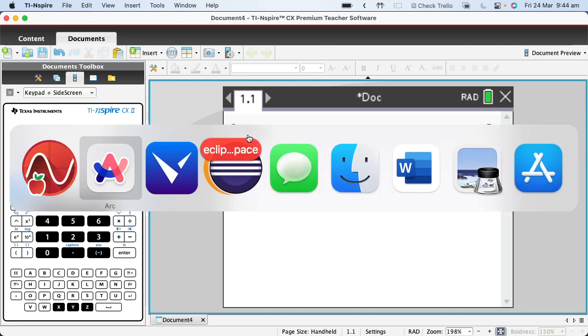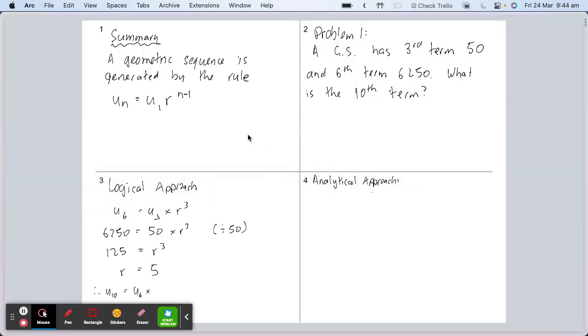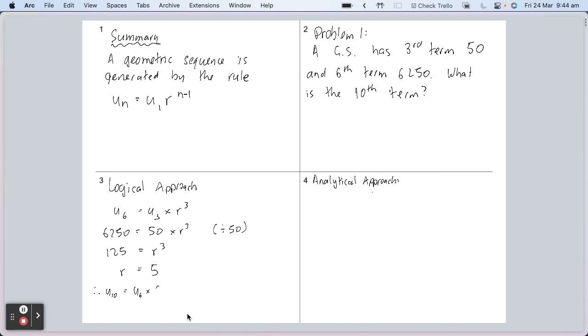Not too bad. Which is 5, so I can go 5 to the power of 4. So that's going to be 6250 multiplied by 5 to the power of 4, which is equal to some big number.